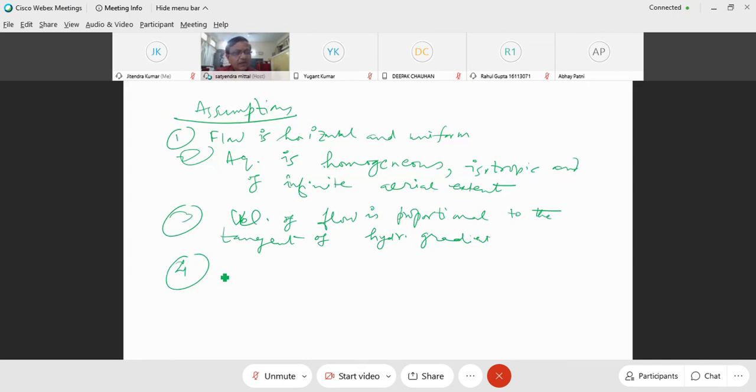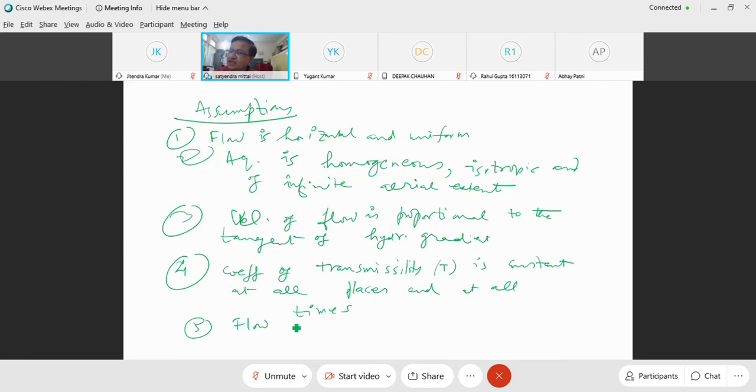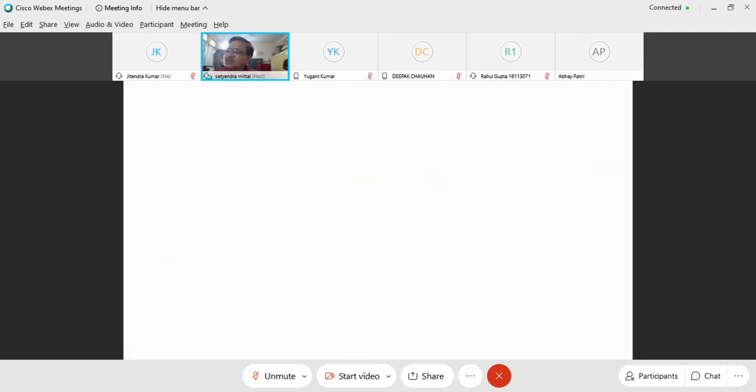Then the coefficient of transmissibility, capital T, is constant at all places and at all times. And then the flow is laminar. We presume that it's a laminar flow, not a turbulent flow. So these are certain assumptions.